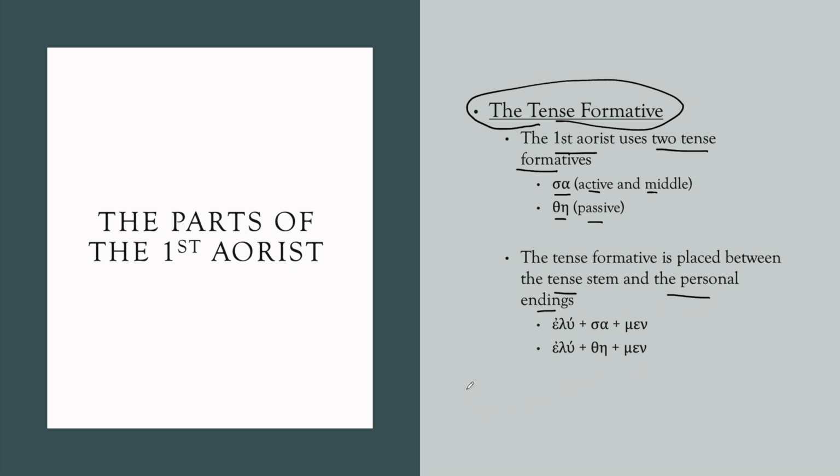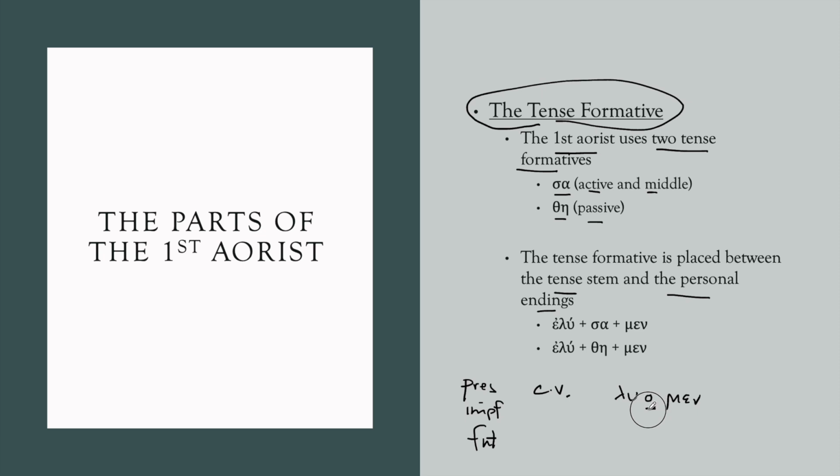So remember, in the verb tenses we've used so far, the present and the imperfect and the future, we still have a connecting vowel. Okay? Remember, connecting vowel, lu-o-men.